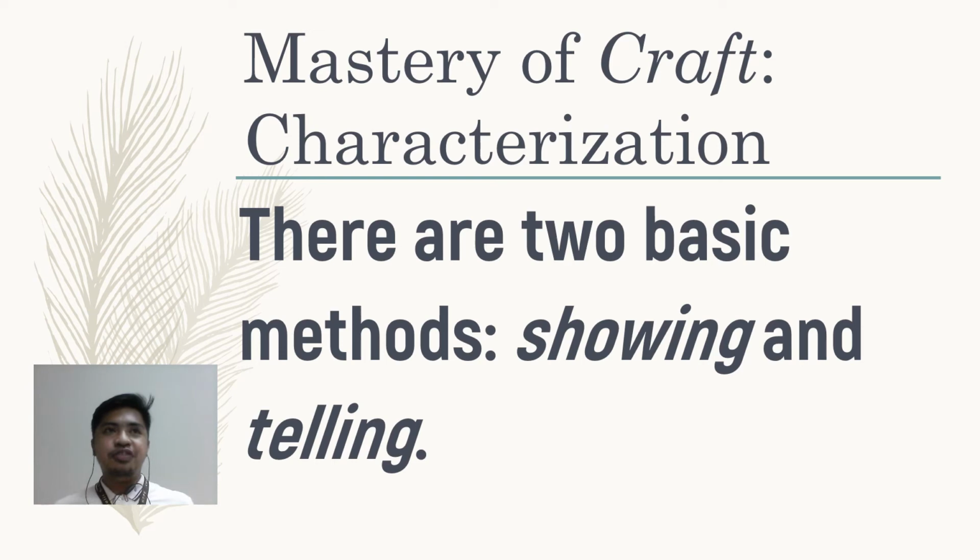Now that we have learned how to create a character, how then should we convey these characters to the story itself? There are two ways we can do that. That is by showing, and of course by telling. What's the difference between telling a character and showing a character?